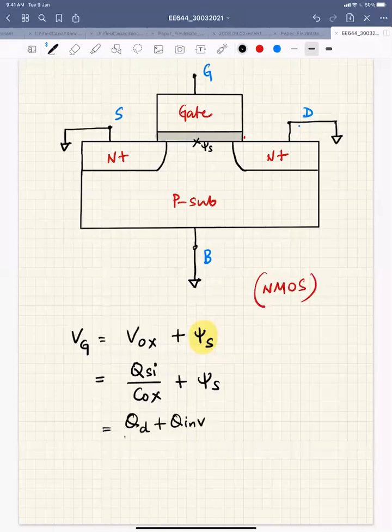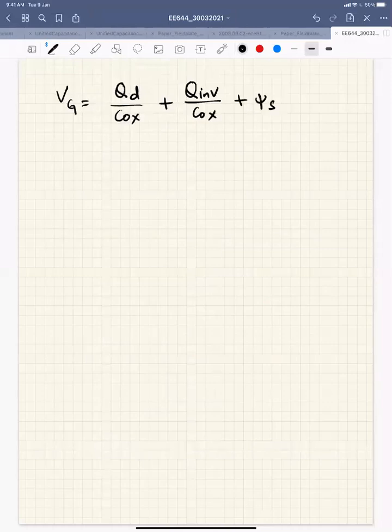This is the summation of both the charges, plus psi s, right? So we have Vg is Qd by Cox plus Q inversion divided by Cox plus psi s, right?